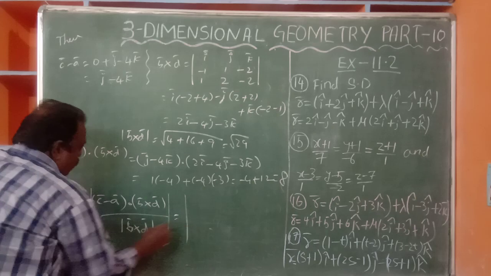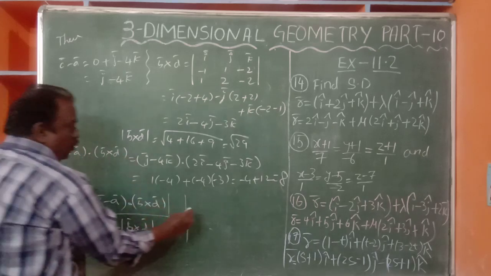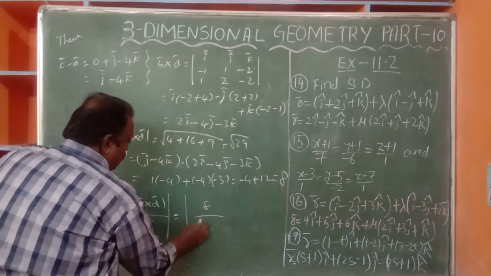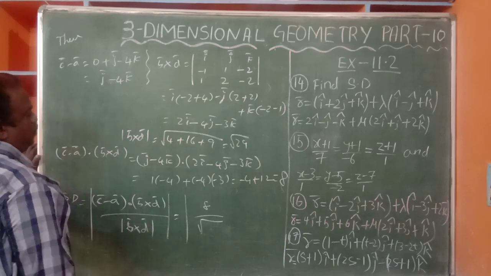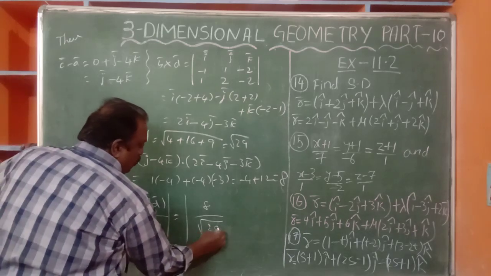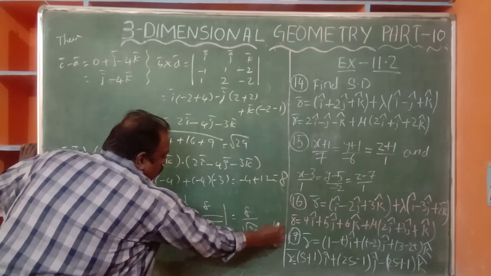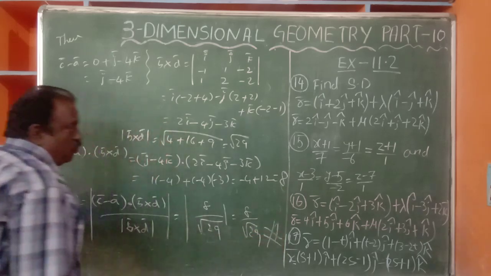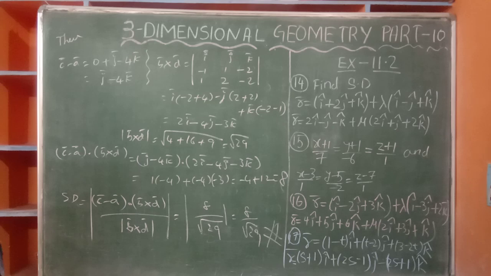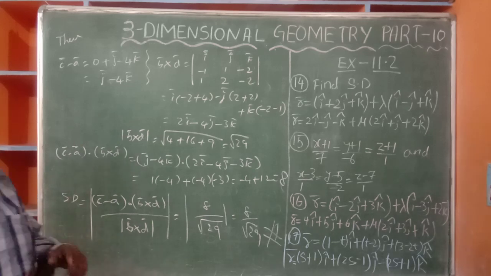This is already known: 8 by root 29. So questions 14, 16, 17 are of one type. Question 15 is a different one; I will solve it.